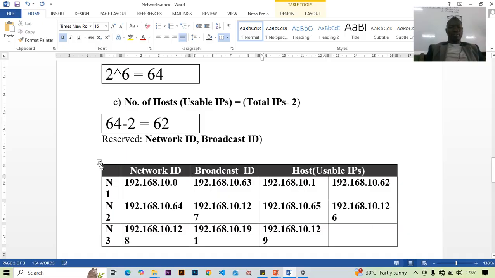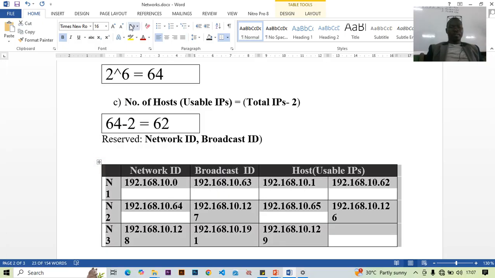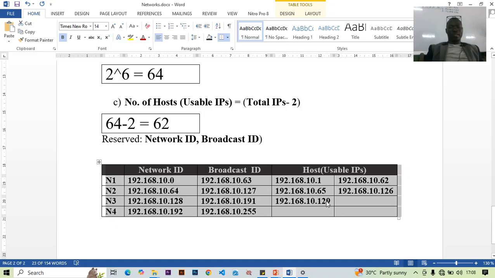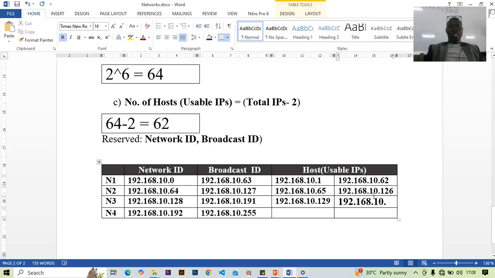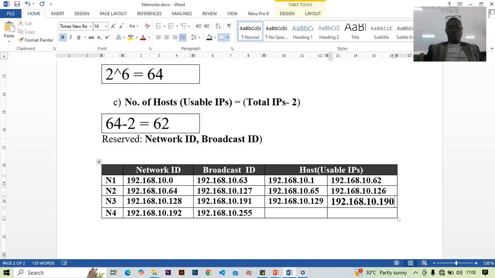Let me try to reduce this so that you can see very well. Okay, something like that will be 129, and then the last IP address in that given network will be 190, which we have there. Okay, so this is quite amazing.